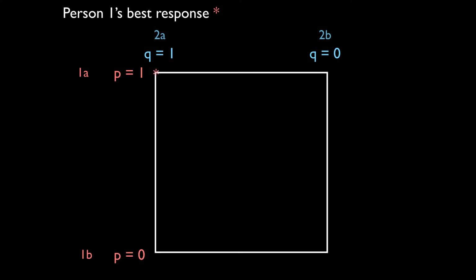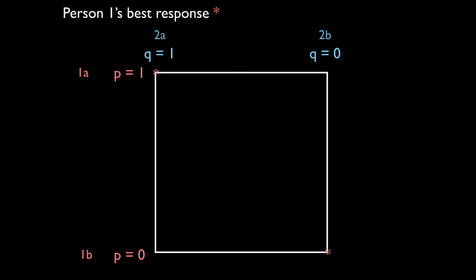That means Q equals 0, so person 2 is playing B all the time. If 2 plays B all the time, what is 1 going to do? 6, right, which is playing B. So that corresponds to down here.